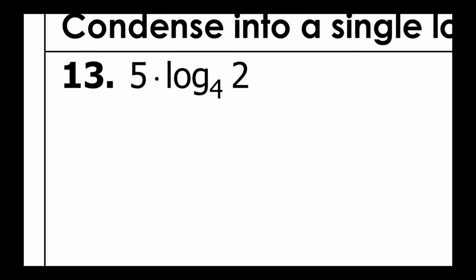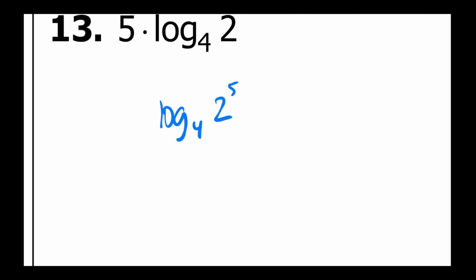So if you look at this, I have a 5 in front of log base 4 of 2. So guess what I can do with that 5? I can put it back right here. And this can be log base 4 of 2 to the 5th. Okay. Or I can keep going.